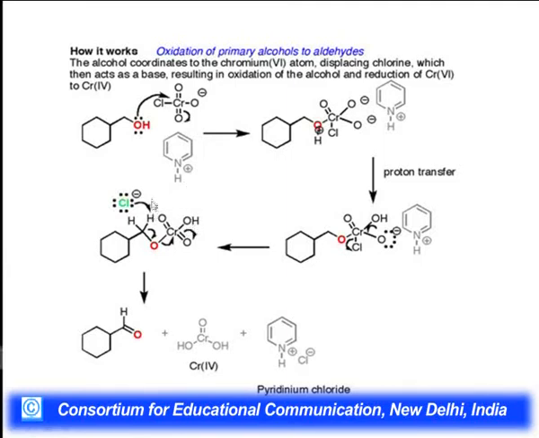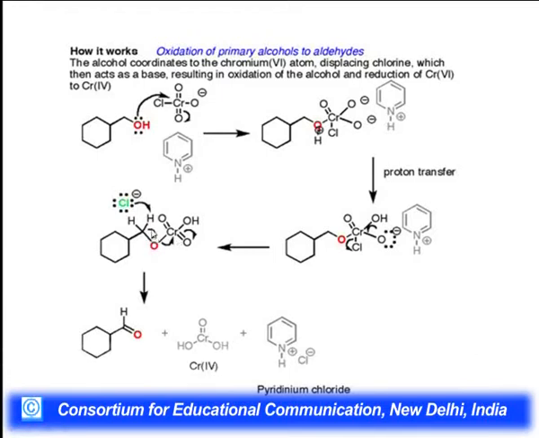It goes and abstracts an alpha hydrogen. Please remember, I said a tertiary alcohol cannot be oxidized because it does not have an alpha hydrogen. So this is the oxidation step, where chlorine is removing this hydrogen from here. It is acting as a base. This hydrogen is removed as a proton, and these electrons go from here to form a double bond with the oxygen.